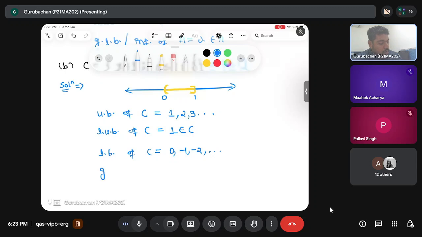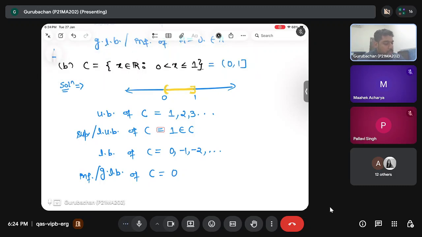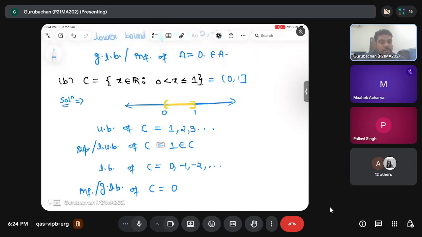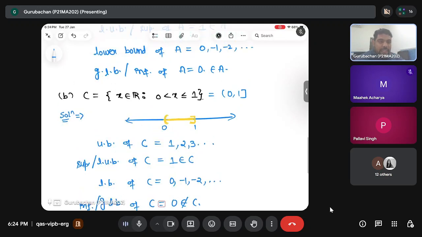Out of these, the greatest lower bound, called the infimum of C, will be 0. But does 0 belong to the set or not? No, sir, it doesn't. So it does not belong to the given set. So it is not always necessary that our infimum or supremum belongs to the given set.